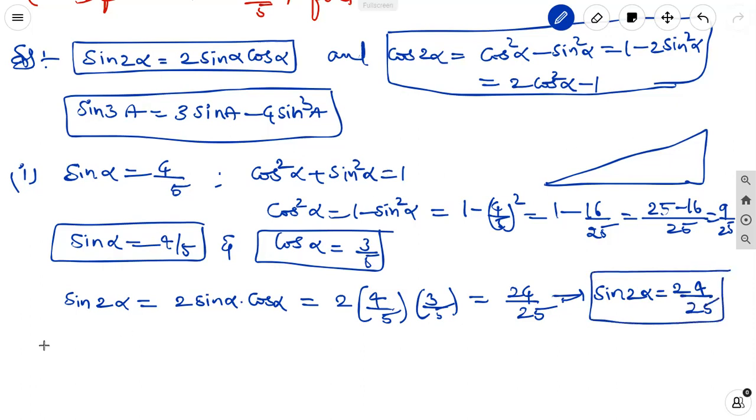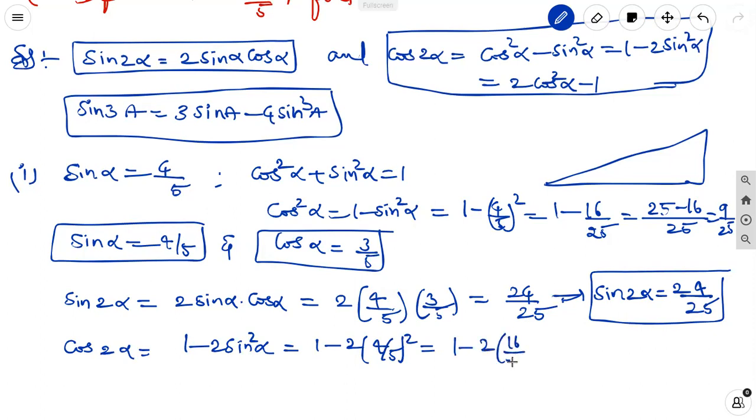And one more thing, what they are asking, cos 2 alpha. If we know the sin alpha, just we can substitute in the form of 1 minus 2 sin square alpha. That is equal to 1 minus 2 into 4 by 5 whole square equal to 1 minus 2 into 16 by 25, taking the LCM, 25 minus 32 by 25, it is equal to minus 7 by 25.